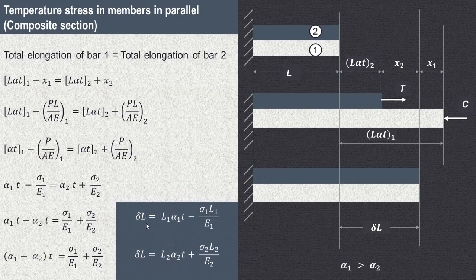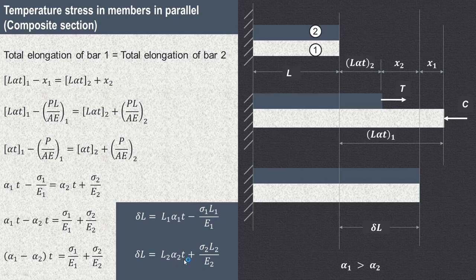In other words, we can say that delta L for elongation of bar 1 will be equal to L1 alpha 1 T, that is this particular first term, minus X1. X1 is sigma 1 L1 upon E1, that is P upon A is sigma. So it is sigma 1 L1 upon E1. Similarly, delta L for the bar 2 will be equal to L alpha T plus X2.